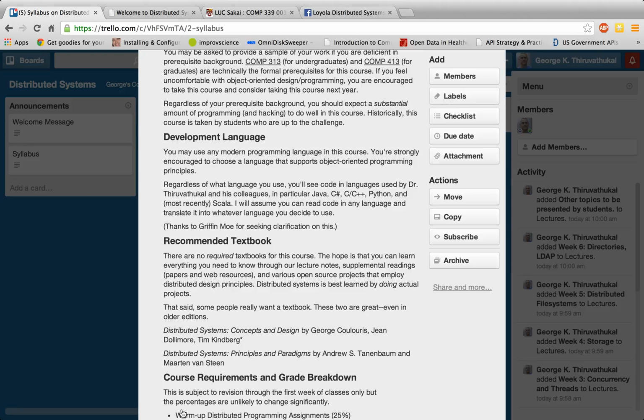Development language is totally up to you. In this course, I have rarely ever asked people to use one programming language for doing their work. As everybody probably knows, I'm more of a polyglot type of programmer, which means I use languages that I find best for the task I'm trying to do, as opposed to one that matches my research.